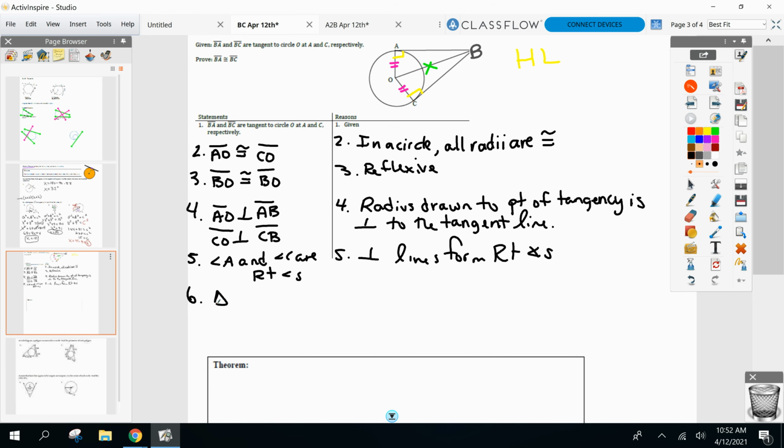And no, you do not need to tell me in an HL proof the right angles are congruent. You can, it's not wrong, but you don't need to. So triangle AOB and triangle BOC are right triangles. Anybody remember the old reason? How do I know they're right triangles? Right triangles, because they have right angles.